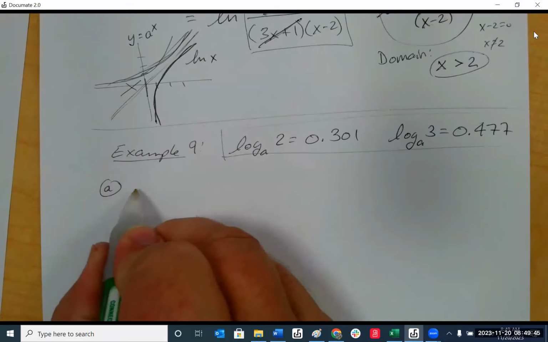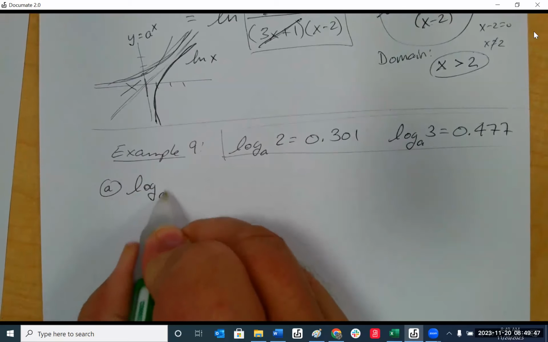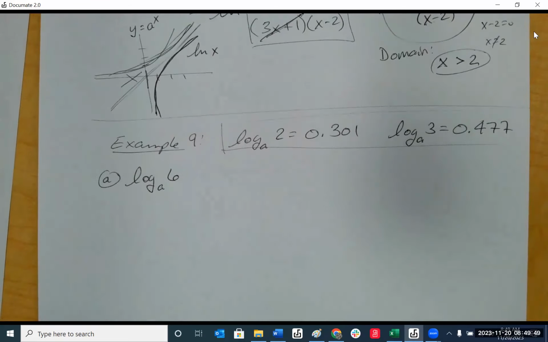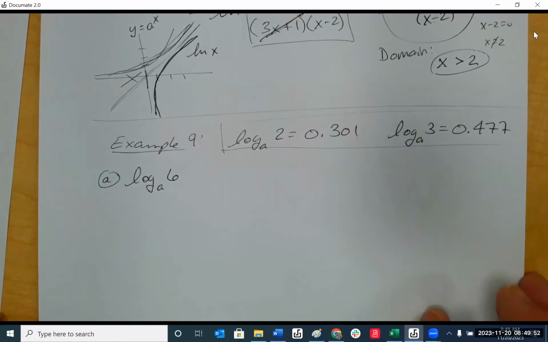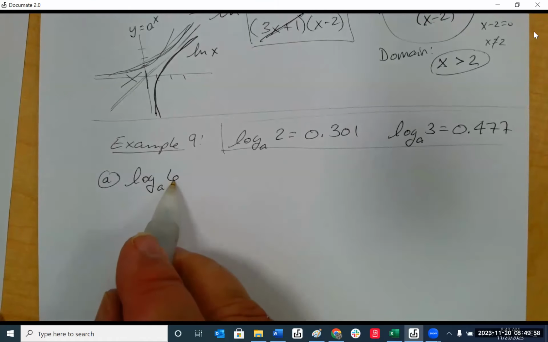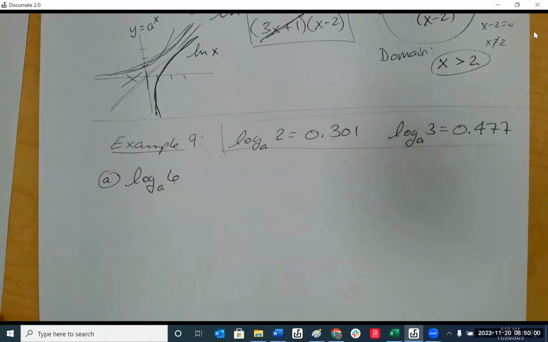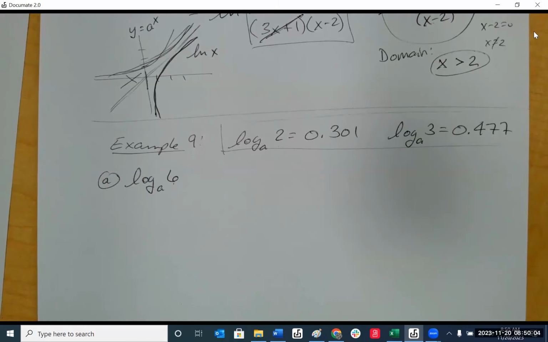Let's find the following: log base a of 6. So obviously, what we have to do is rewrite this number into 2s and 3s. So how do we do that?